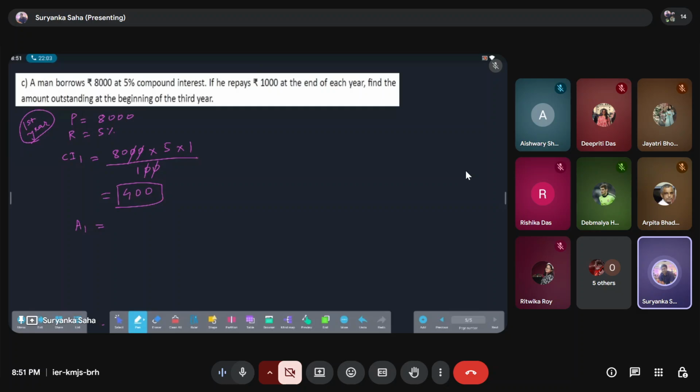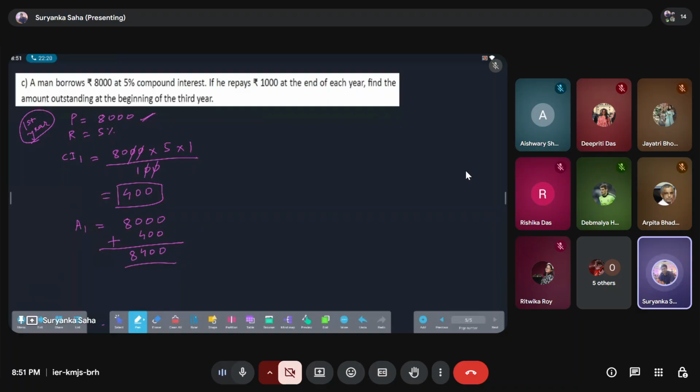A1 will be principal plus CI. So principal is 8,000 plus this interest 400, so it will be 8400. This is the amount at the end of the first year.